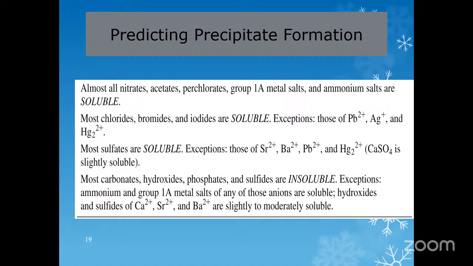That's very important in order for you to determine whether or not you're dealing with a precipitation reaction. And this chart, by the way, is available in your tables. And of course, you'll have access to it during your tests so that you can refer to it. So you're going to see how this works.